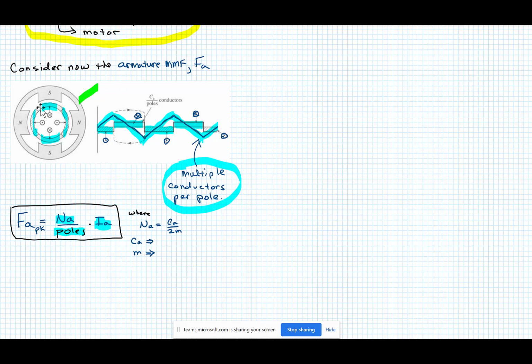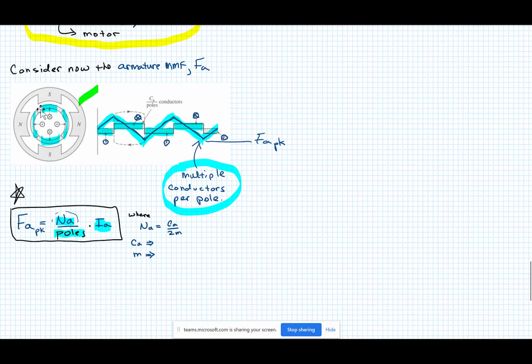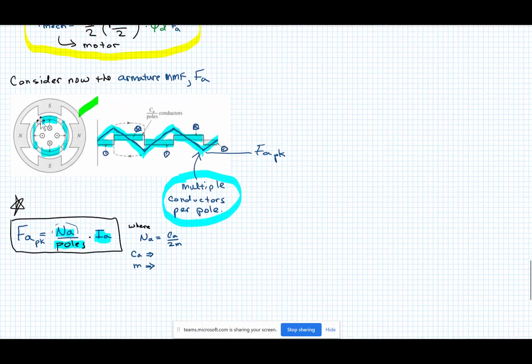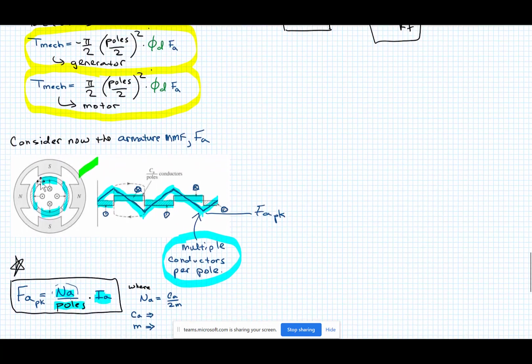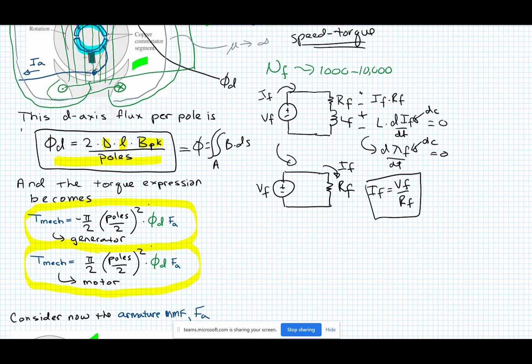And that gives you the peak MMF, which is the peak of the triangle, FA peak. Put a little star by this. When I box an equation, that means it's something you need to remember. I notice I boxed the flux equation too.